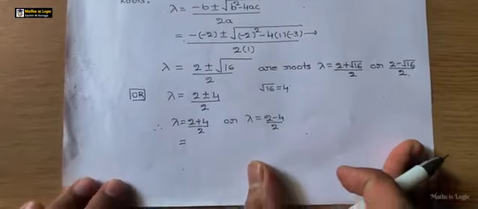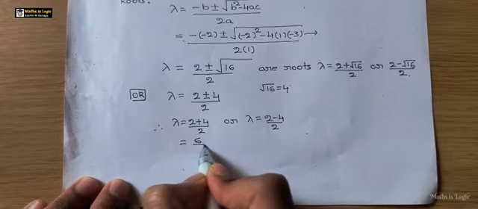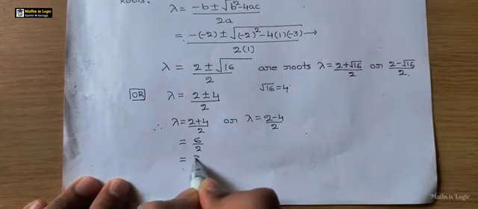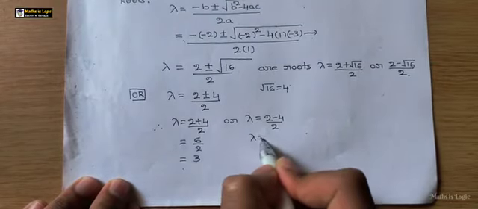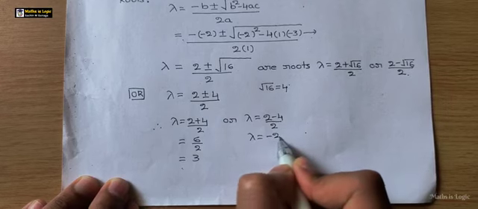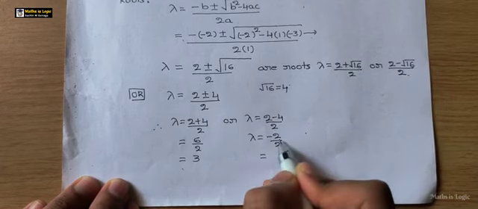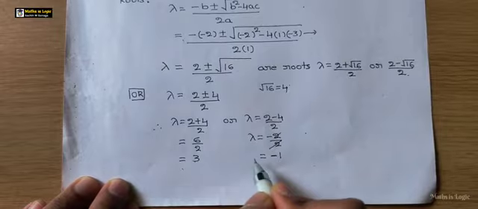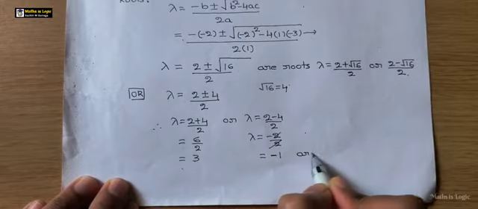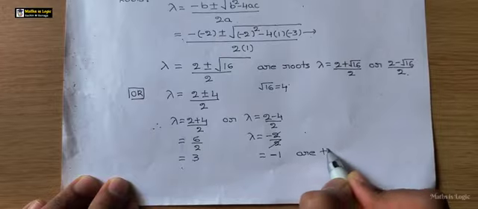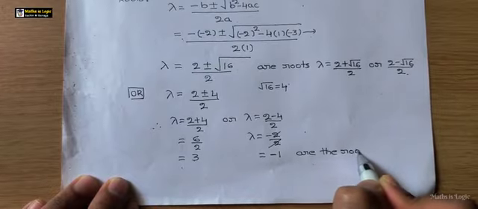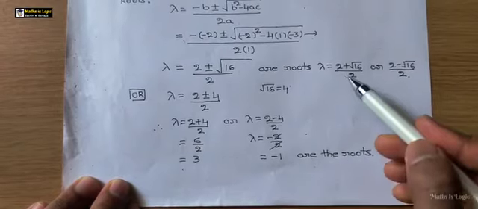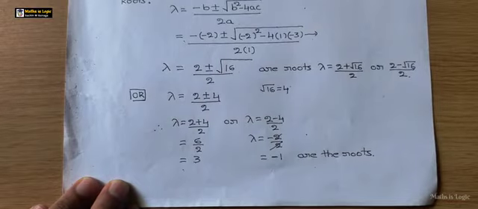So 2 plus 4, 6 divided by 2, so that is nothing but 3, and lambda is equals to 2 minus 4, minus 2 divided by 2. So if I cancel these two, so what is the answer? Minus 1. So 3 and minus 1 are the roots. So this is the final answer. This is also correct.